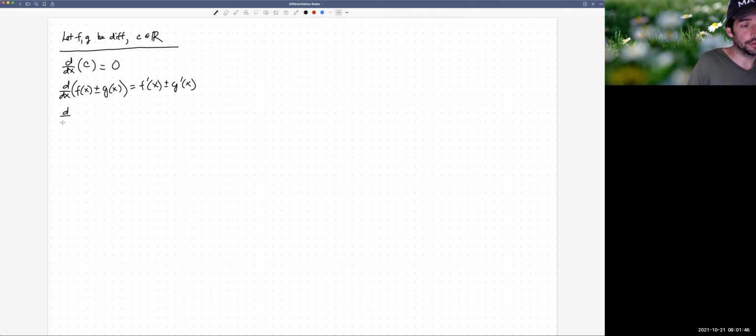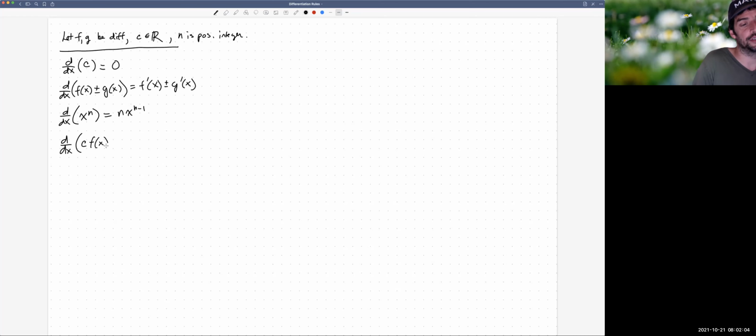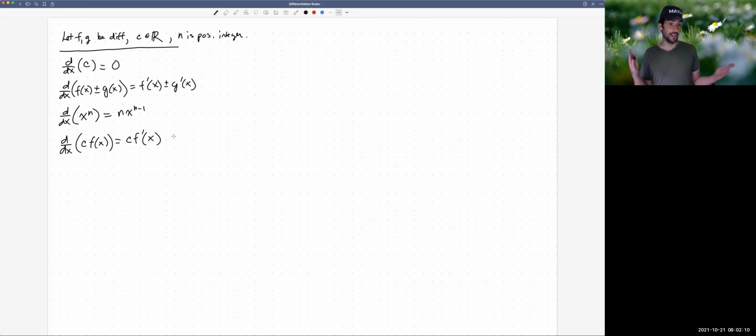And, oh, the power rule, of course. Not doing this in the same order we did. I should say n is a positive integer. The derivative of x to the n is n x to the n minus 1. And then finally, the derivative of a constant times a differentiable function is just that constant times the derivative. So there's our set of rules right now.